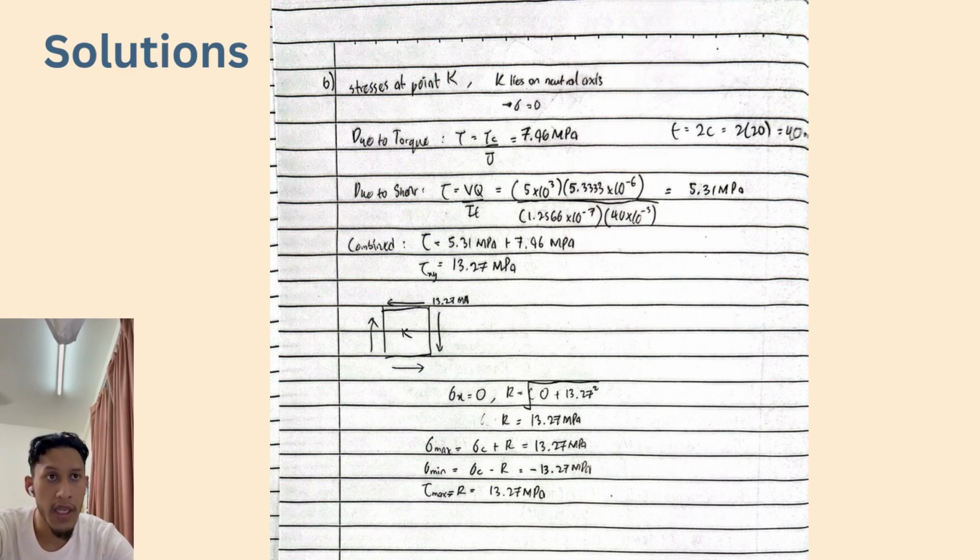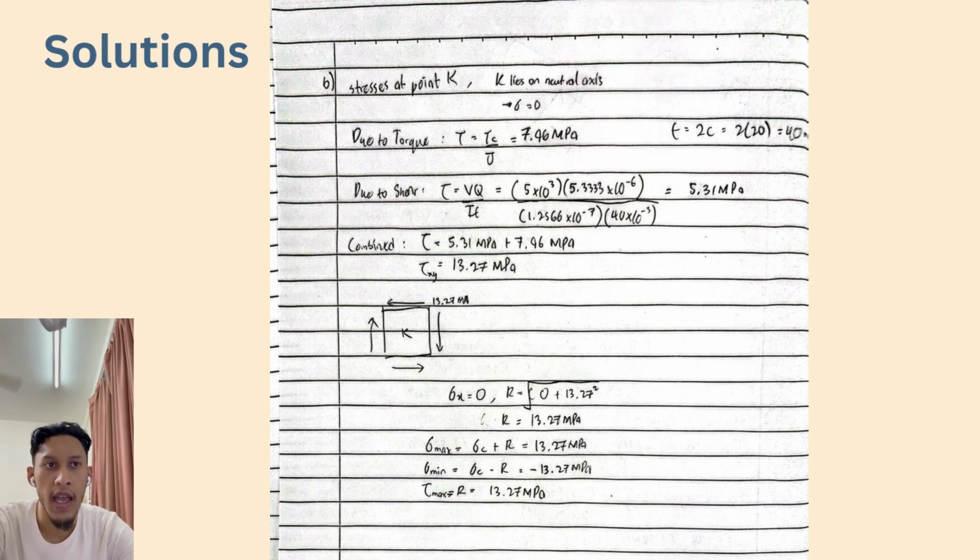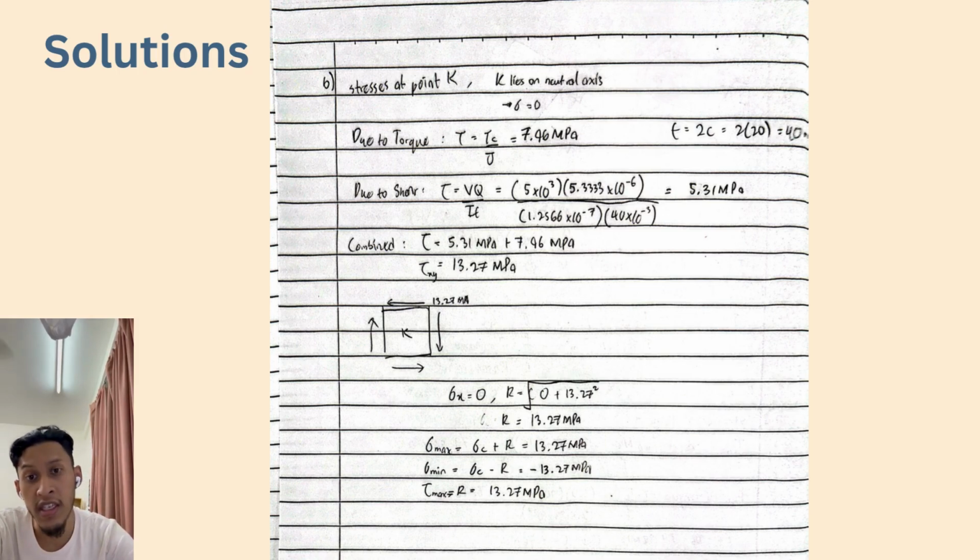So if we combine the formula from above, which is shear stress from torsion plus shear from vertical force, we got 13.27 megapascal. So for the Mohr's circle for point K, we know that normal stress is 0.